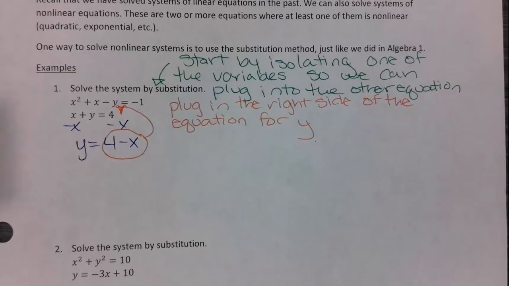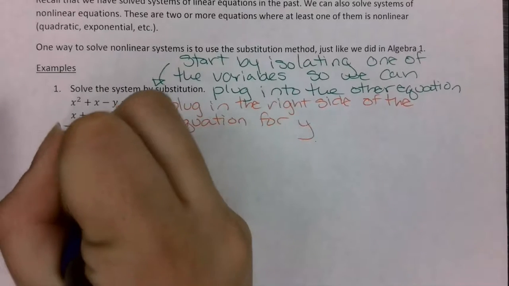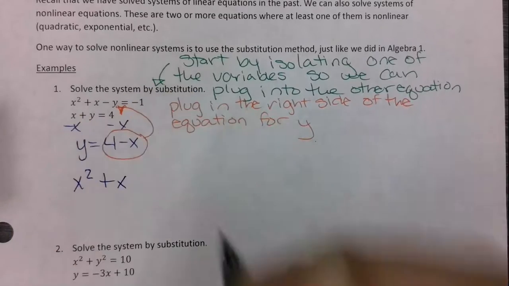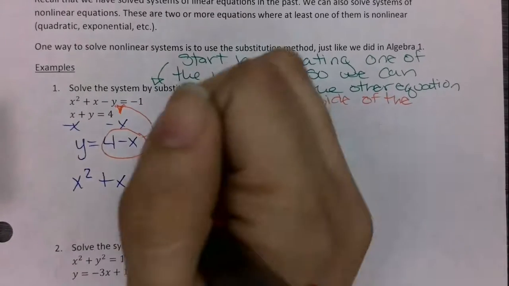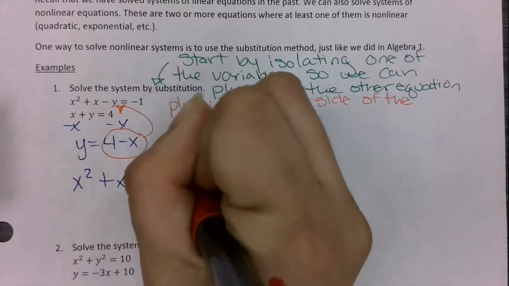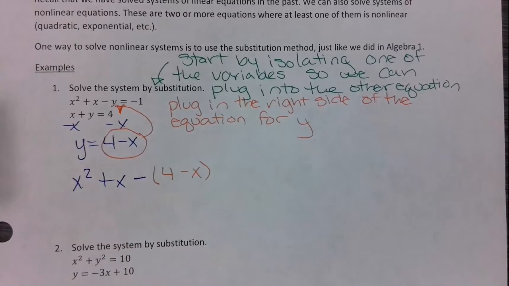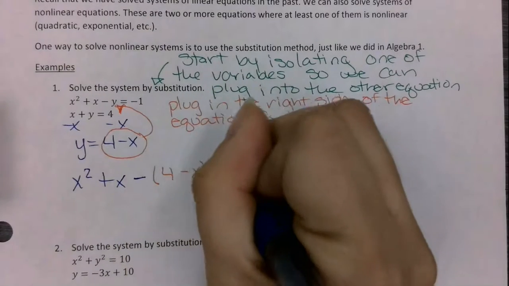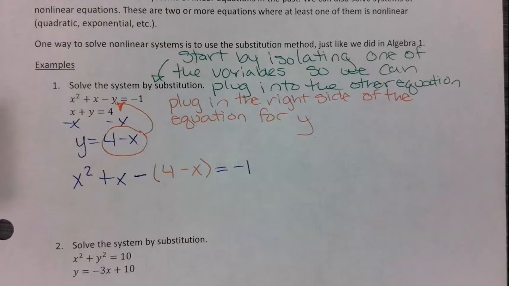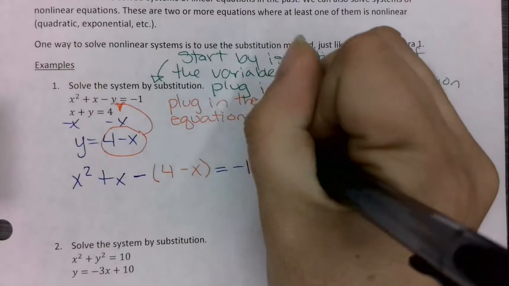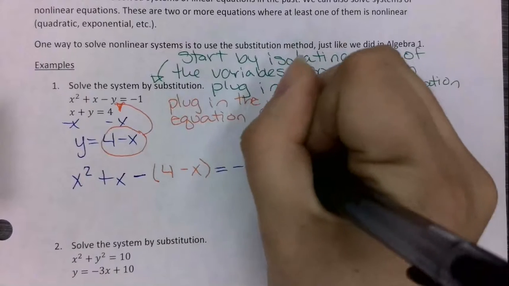Okay, so I'm going to rewrite my top equation. I had x squared plus x minus, and the piece I circled in red, I'm going to put in parentheses and plug in. Okay, so for here, I want to solve for x.